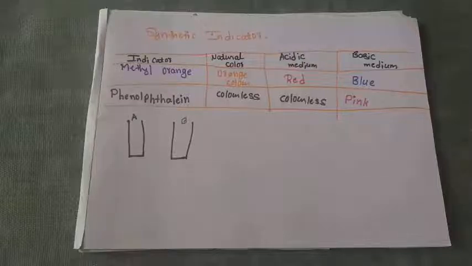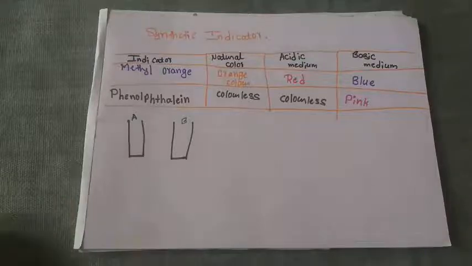Initially we don't know whether acid or base is present in A, or whether acid or base is present in B. Just take two chemicals and add them to test tube A and test tube B.